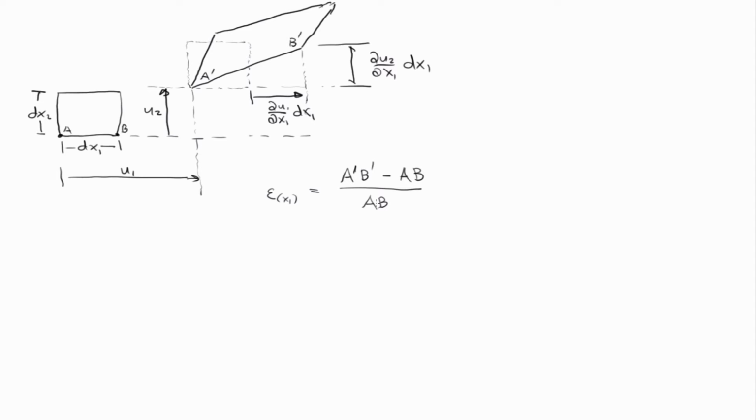You're going to normalize by the original length. And of course, the original length AB is just dx1. So we have A prime B prime minus dx1 over dx1, which is equal to A prime B prime over dx1 minus 1.